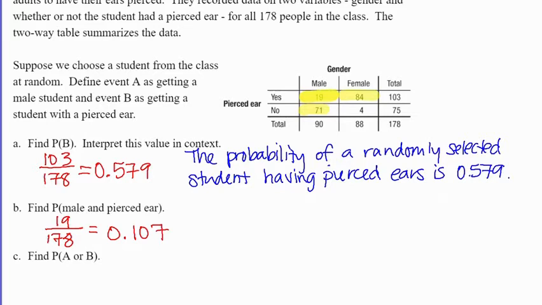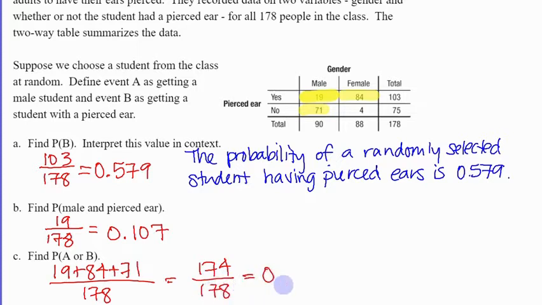So if I add up all of those totals, we have 19, 84, and 71, out of the total 178. I get 174 out of 178, which when you divide is 0.978.